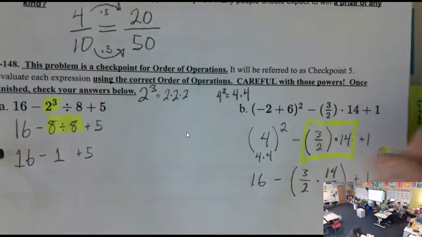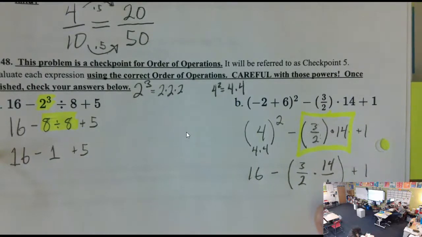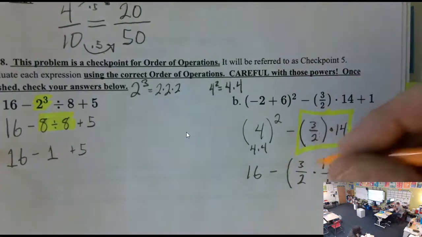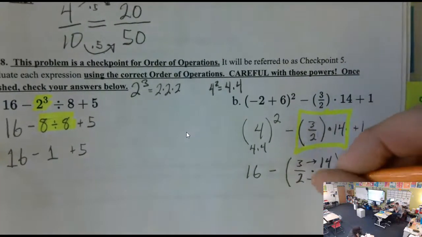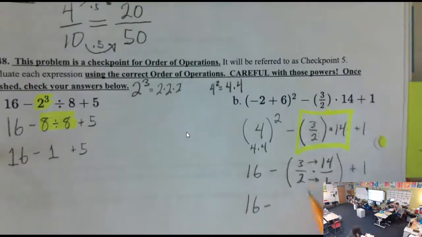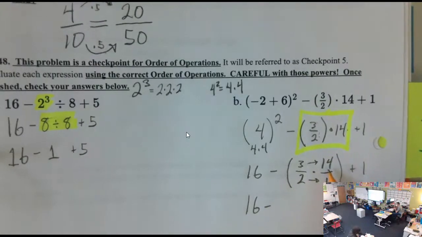When we multiply fractions, not add, we are not adding, which means this is easier. Remember, adding fractions is real tough. Multiplying, we go straight through the top, straight through the bottom. So 16 minus, well, what's 3 times 14? 42.